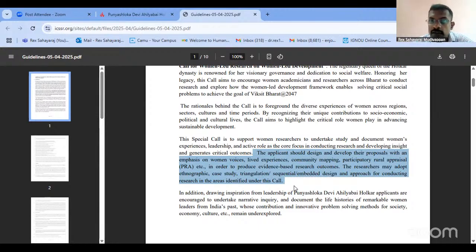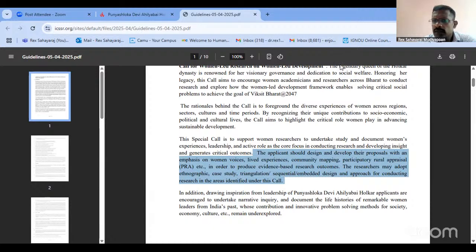Even the co-project director should be a woman. That's the eligibility criteria, and they should have a PhD at minimum. So if you have a PhD, you can apply. If you are not working in a college or university, you can affiliate with one and apply for these research proposals. Okay, that is a part.